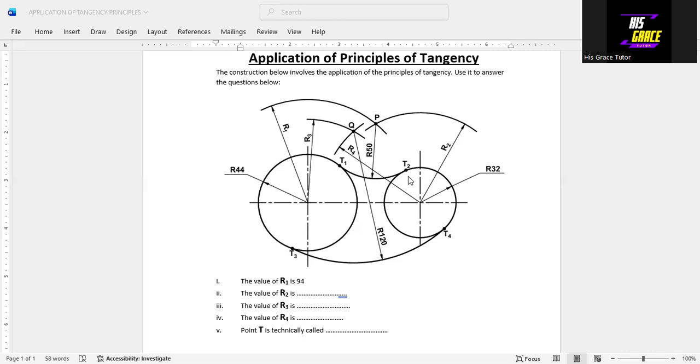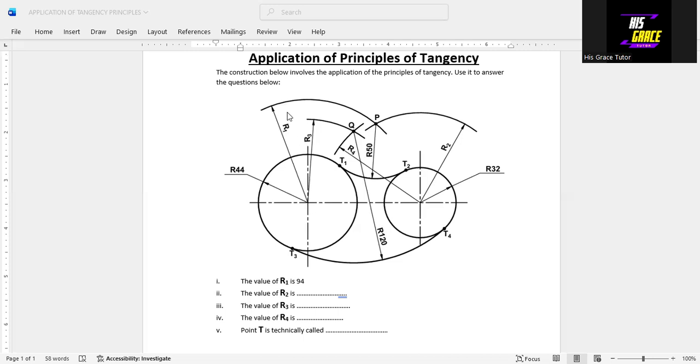Now, how can we get the value of radius R1 and radius R2? Let's take note of how this arc sits on the two circles. To get radius R1, you have to add the radius of this circle, because the arc is drawn on the center of this circle.